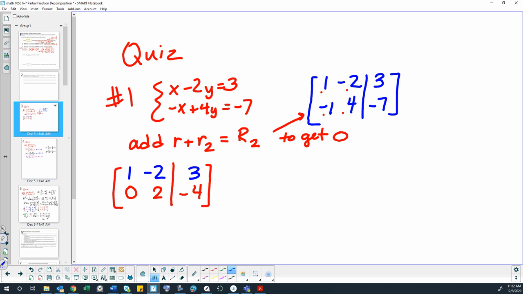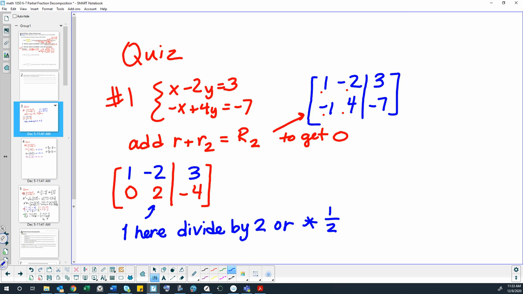Okay, our next goal is to get a 1 here. To do that, we're just going to divide by 2. Now, technically, dividing is not one of our row operation rules. So instead, we usually say we are multiplying by 1/2. Same idea.